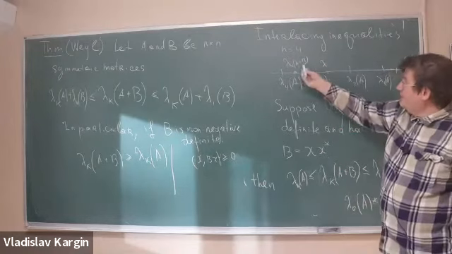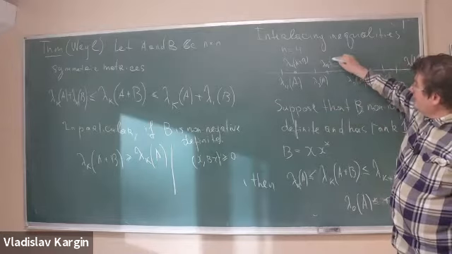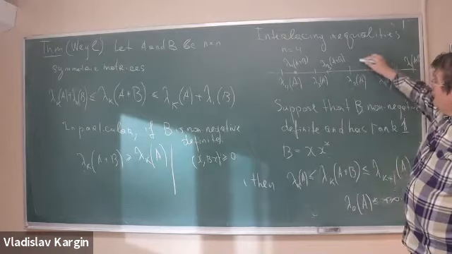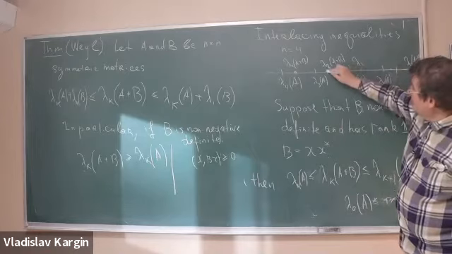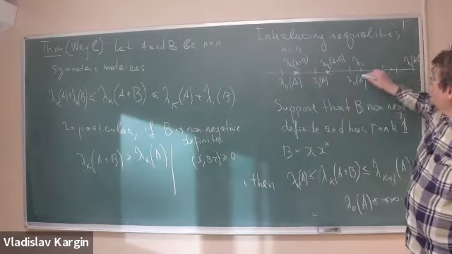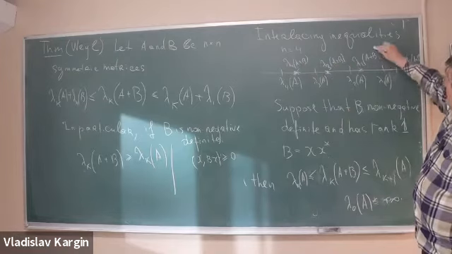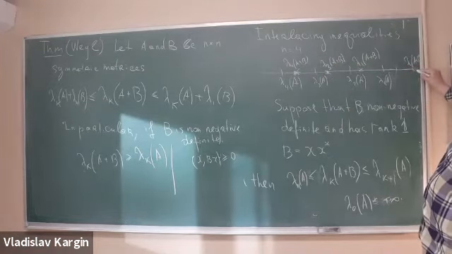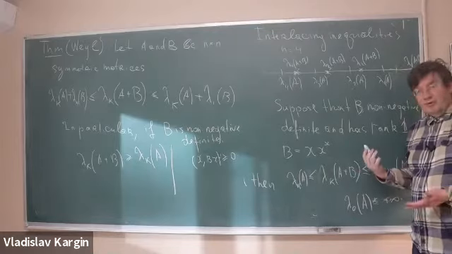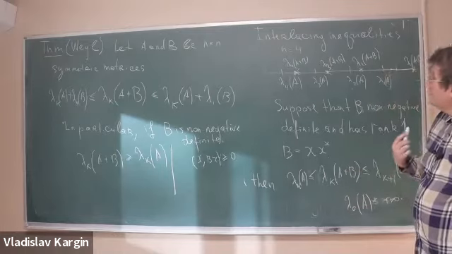So lambda 4 of A, and then lambda 4 of A plus B. After that, lambda 3 of A, then lambda 3 of A plus B. Lambda 2 of A, lambda 2 of A plus B, and after that, lambda 1 of A plus B. So I think it's a very beautiful result.